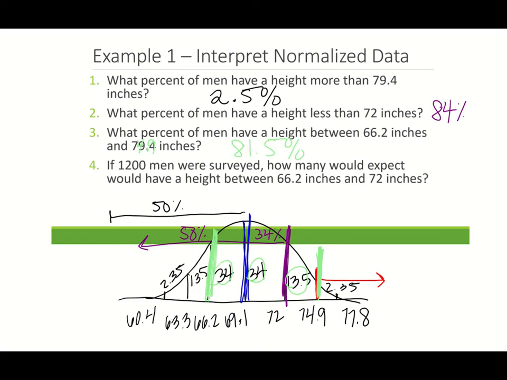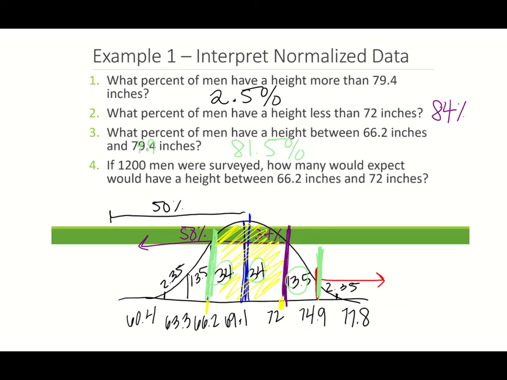So if I'm looking between 66.2 and 72, I'm looking between one standard deviation to the left and one standard deviation to the right. So that's all of this in here, from here to here. So that's 68%.